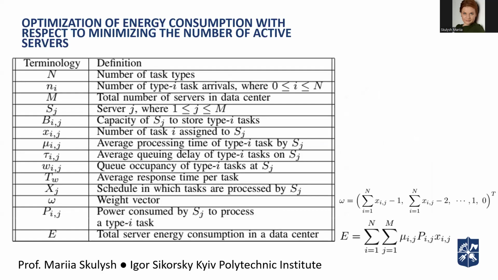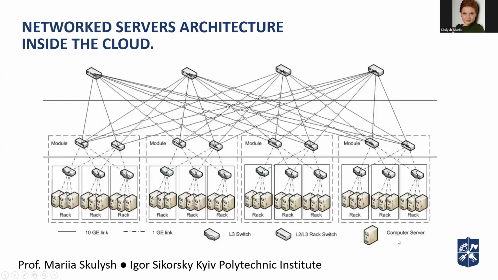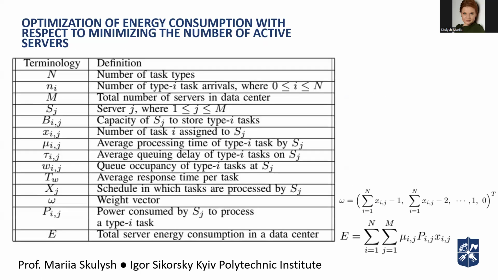Here is the workload and how it is used. It depends on different criteria, different elements of the network, and so we can use this function. We know mu, the number of parameters of the energy process.